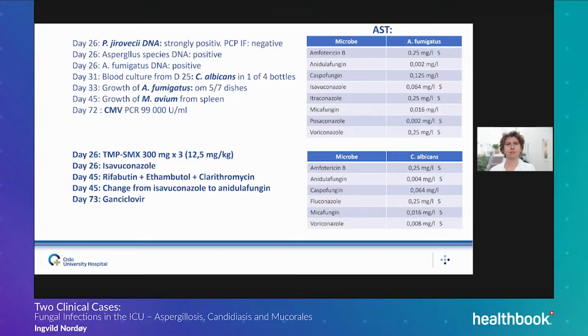And then we started, after a while when we got the Mycobacterium, the MAC answers, and that was a problem because when you introduce rifabutin and you have a patient on isavuconazole, it's going to be a clash. Actually, there's two things.